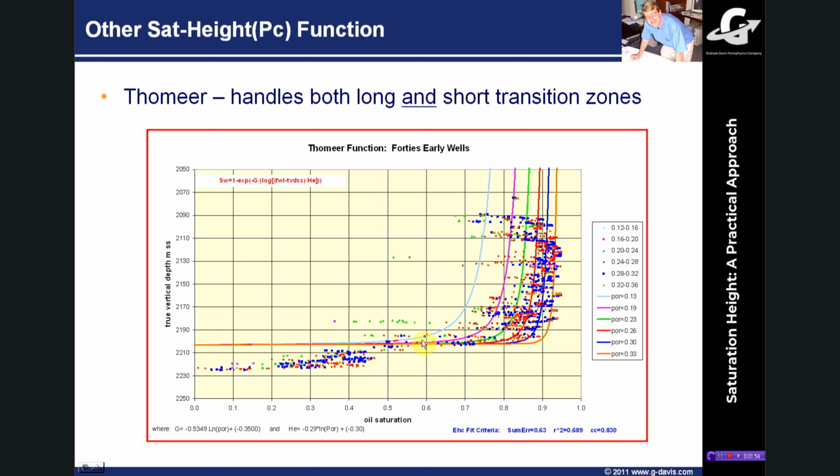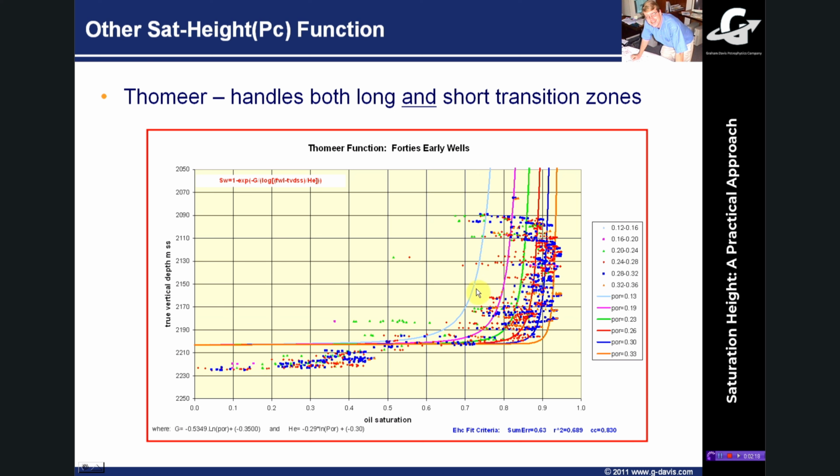Here you can see the Tamir function, and what you can see is here at the 33 PU curve, the good rock, there's quite a sharp transition zone. The rock desaturates nicely and turns quite quickly, and here at the 13 PU curve, it's a bit longer, lazier transition zone as the oil struggles to get into the poorer quality rock.